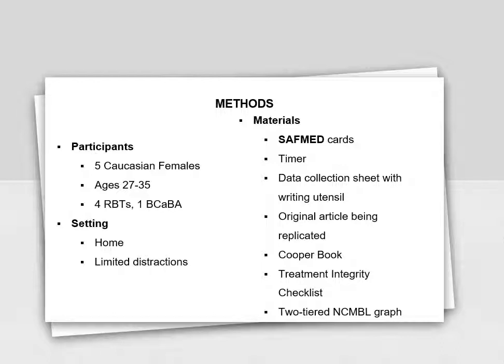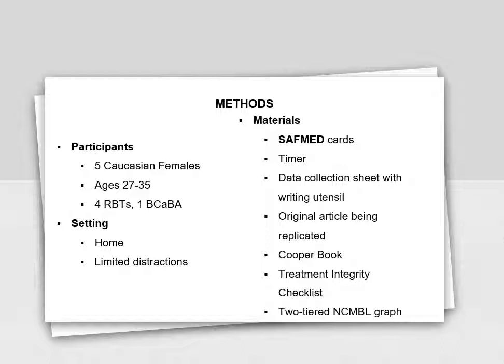There was also a timer present that was set to 1 minute for each session. A writing utensil and data collection sheet were next to the participant for each session, and this was to record the number of cards in the correct and not yet piles for each session.